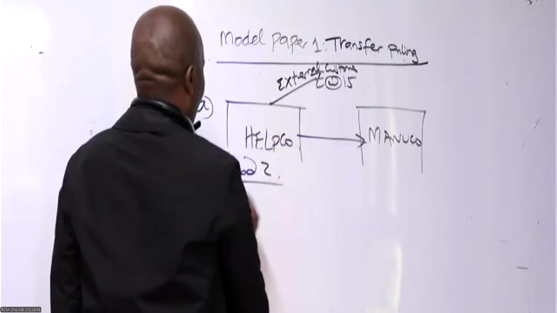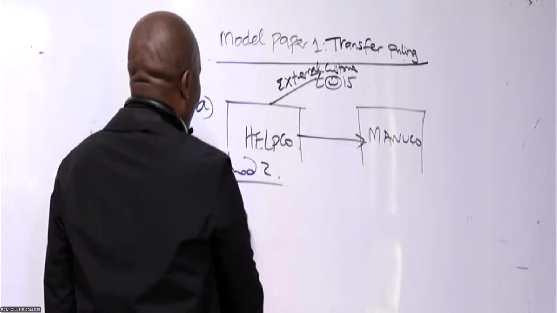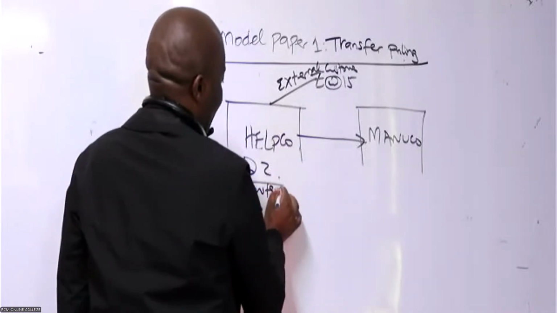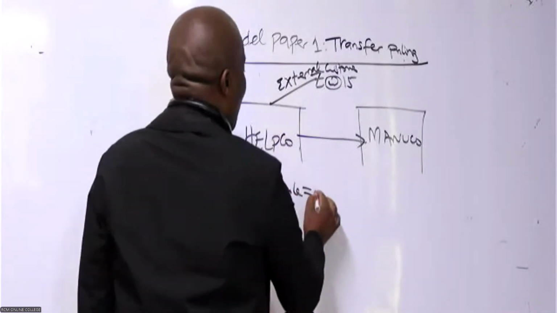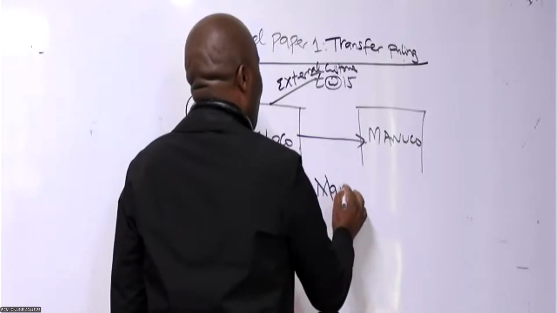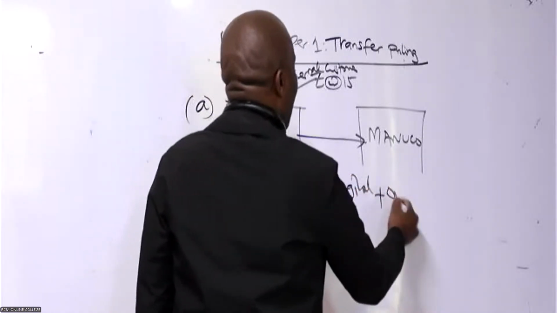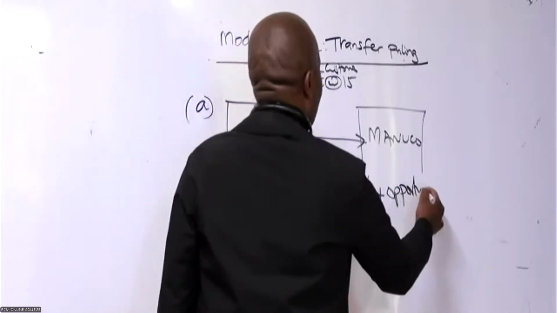Method 2. So method 2, the optimal transfer price, will always be equal to marginal cost plus any opportunity cost.